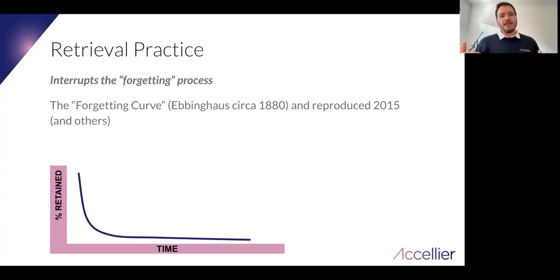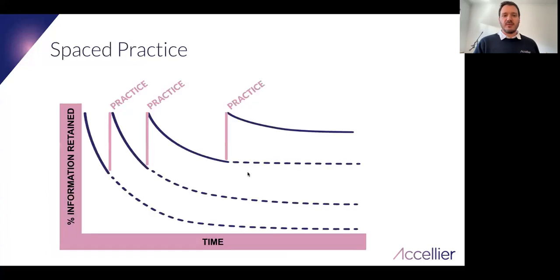And so this idea of retrieval practice is what we use to interrupt forgetting, to stop forgetting from happening. To visualize this, we can look at it in terms of retrieving the knowledge from long-term memory through practice.